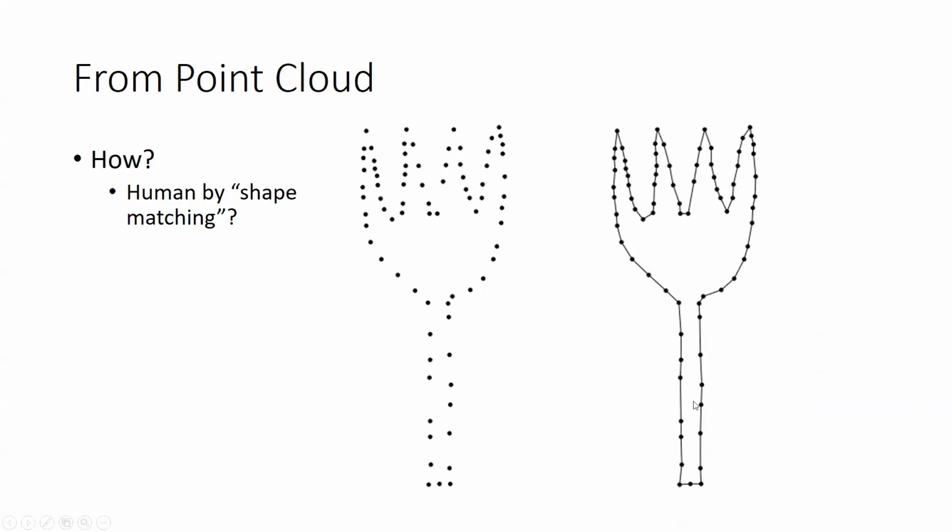For humans, we usually try to match a shape we see in the dots. Oh, it looks like a fork, then I connect it. But for a computer, if you don't use AI, it's difficult to connect the dots if you depend only on geometric structure. The big question is which dot to connect to which dot.